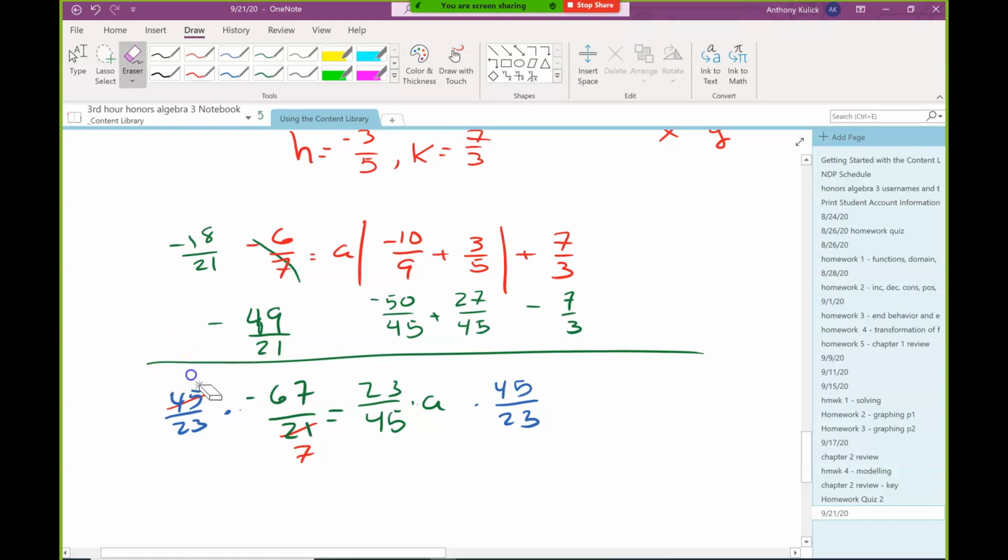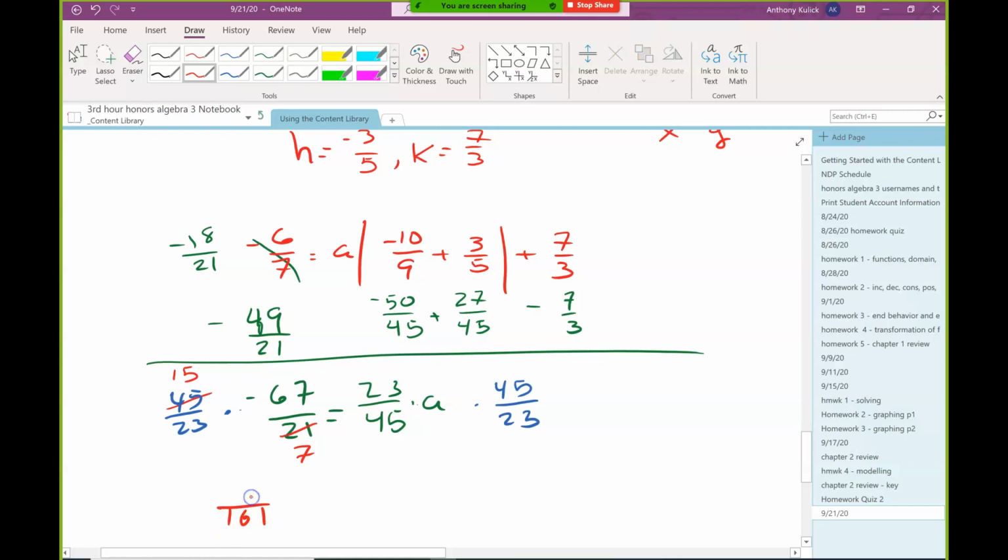I'm sorry, that's not right. It should be 15. 23 is prime as well as 67, so there's nothing else I can do there. So I'm left just doing 15 times negative 67 and 23 times 7, as gross as that is, which comes out to be 161 at the denominator.